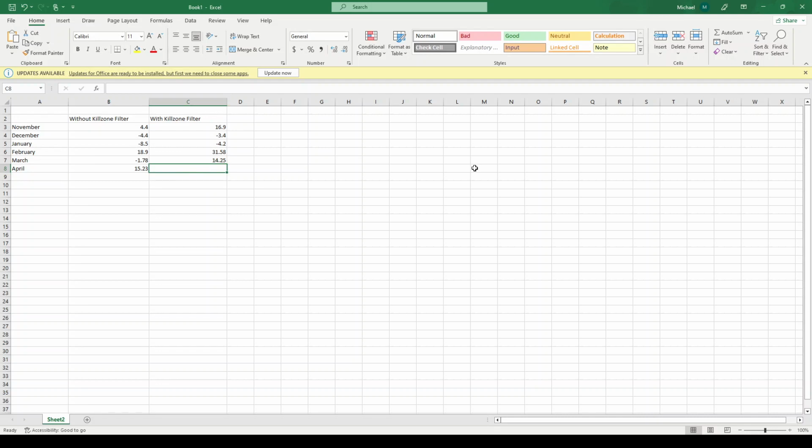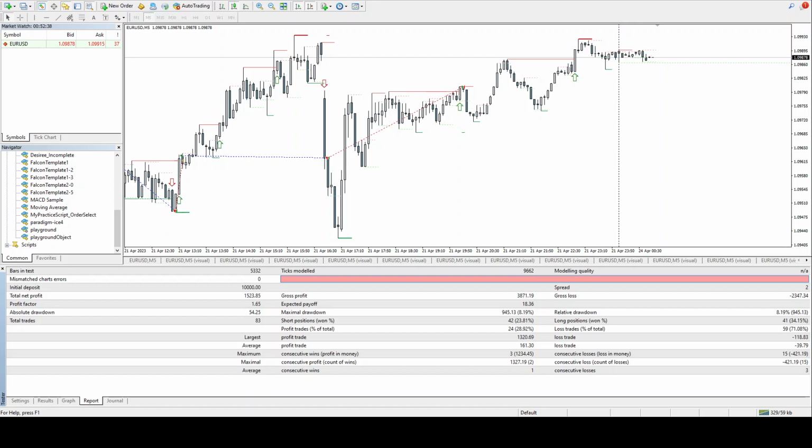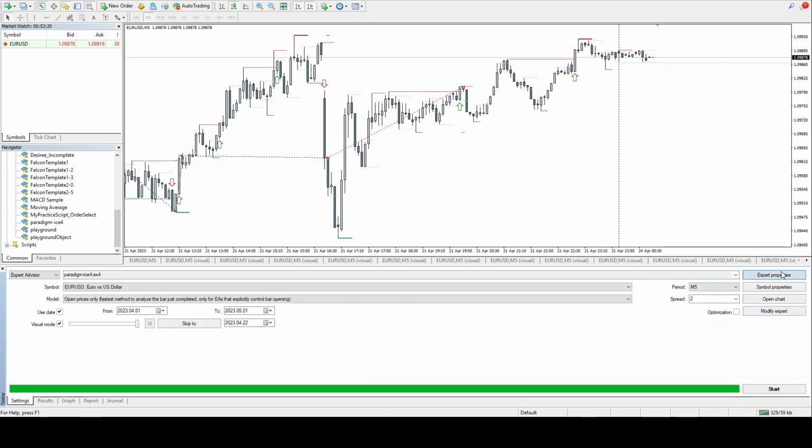And if we include the Q zone filter, let me run it again, and change this first to include the Q zone. Only trade during the Q zone. Okay, so trades will only be taken during the Q zone, everything else remains the same.